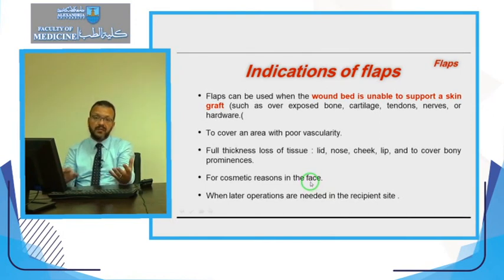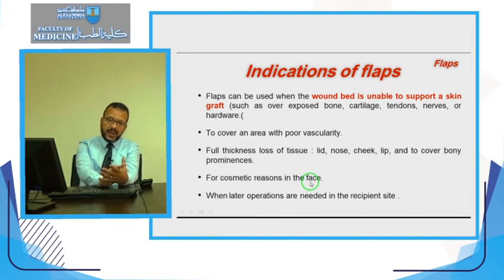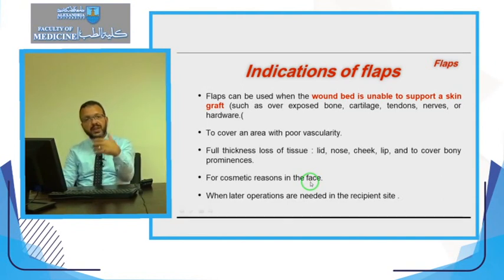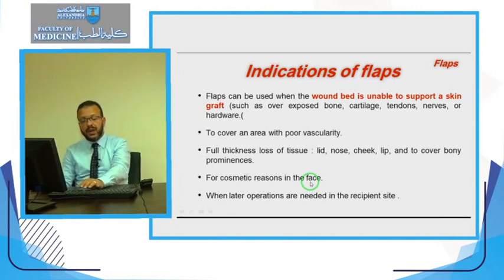For example, if we have a hand injury and there is a defect in this hand formed of skin, tendons, for example, and we have to reconstruct this defect, and we know that later on we will need to open again in this reconstruction in order to reconstruct other tissues that are damaged.